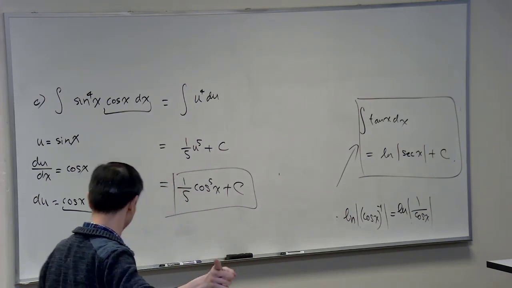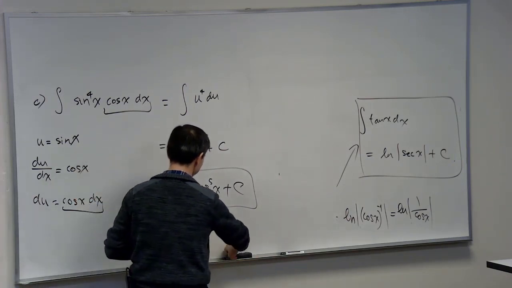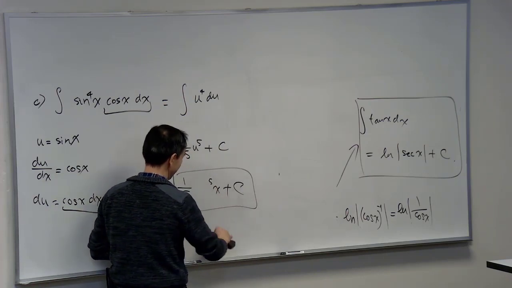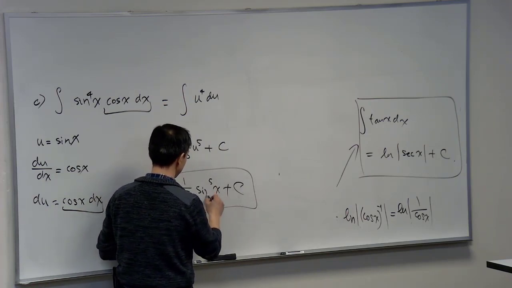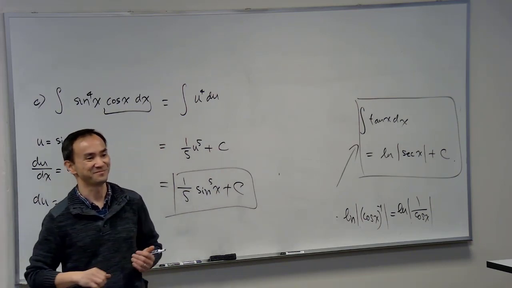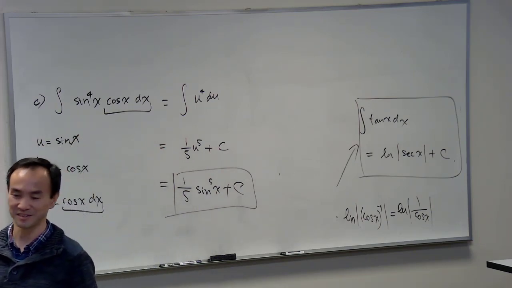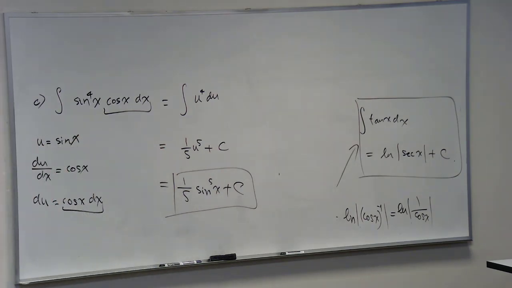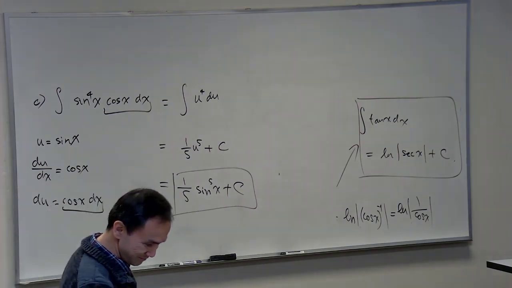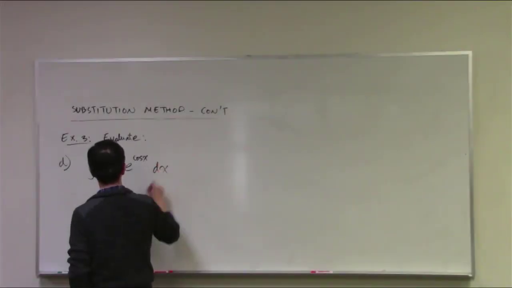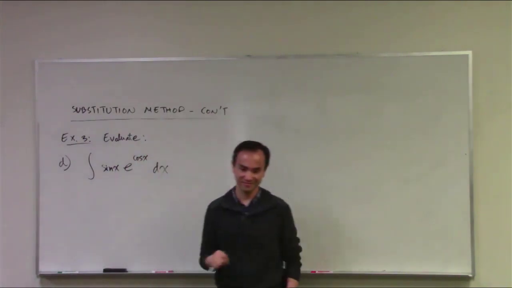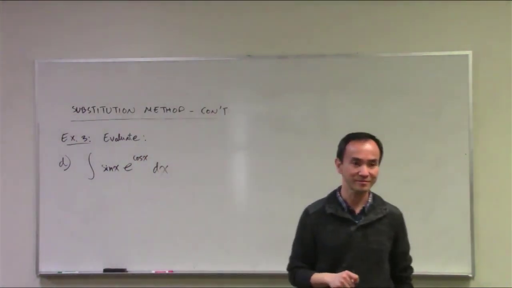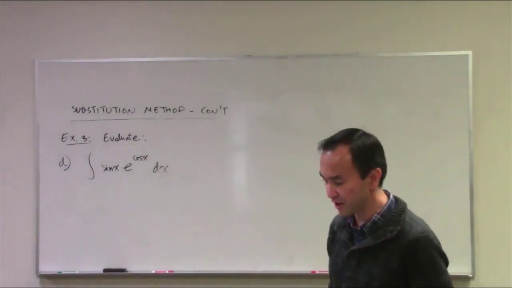Was it u equals sine of x? Yes, thank you. Got you that. Sine to the 5th of x plus c, right? Please catch up with me, guys. Go ahead, spend some time writing it down.